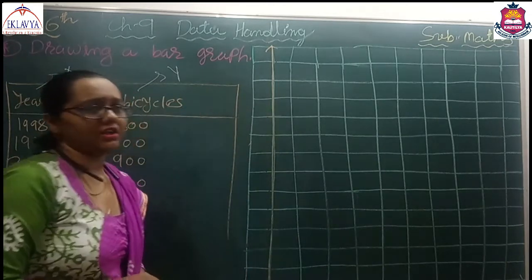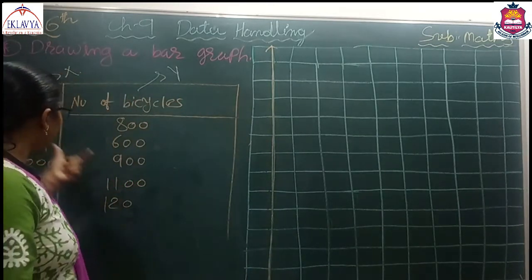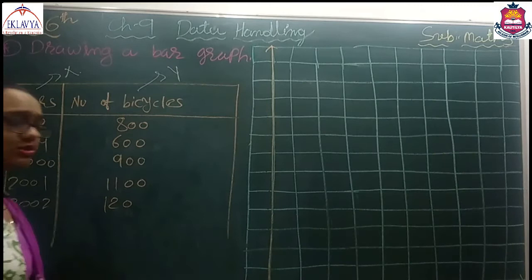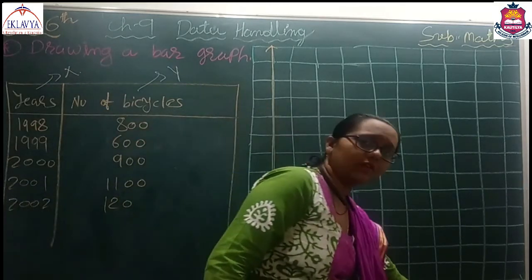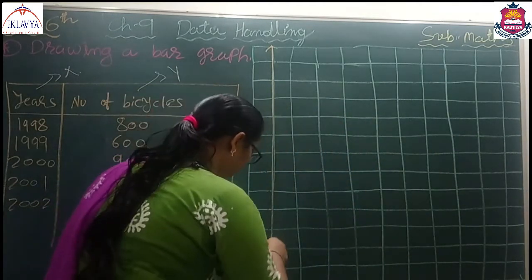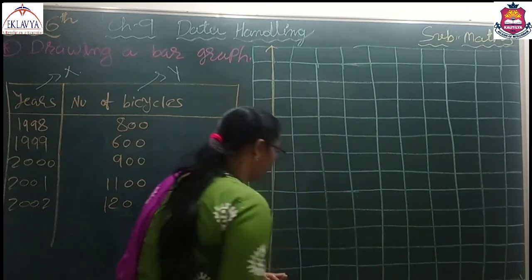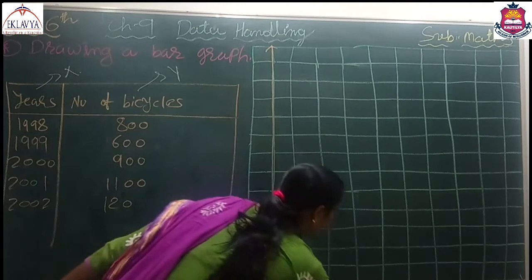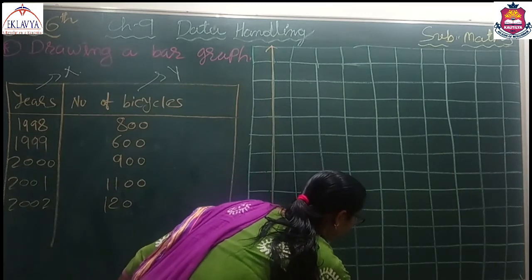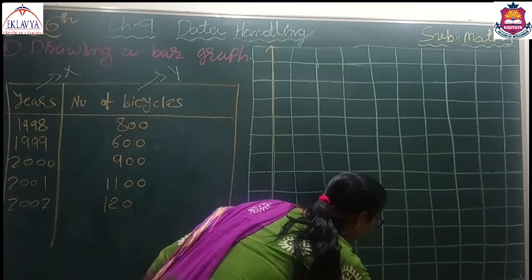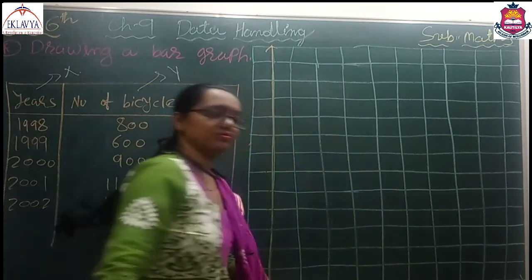That also you can take, no problem. If more data is given, you can take it continuously also. Here 1998, then, I am taking it continuously, 1999, then 2000, then 2001 and last 2002.